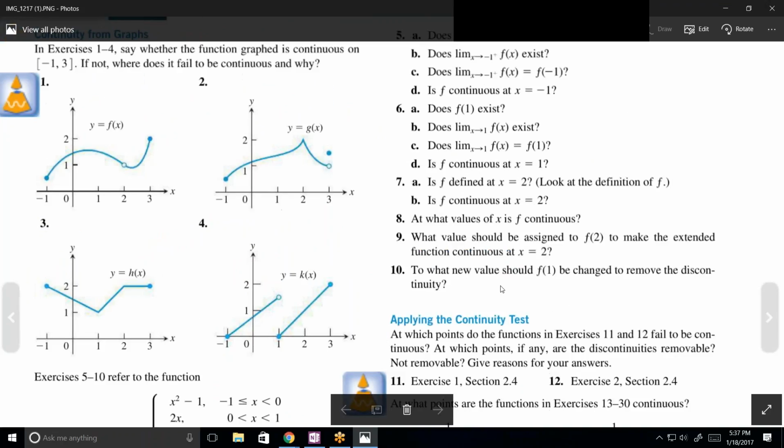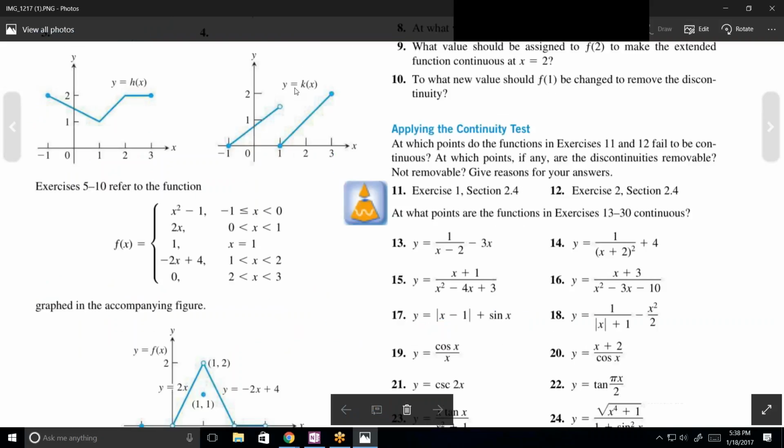Yes, I can. Okay. Does the limit as x approaches minus 1 from the plus side exist? Yes. Okay, I can see it.